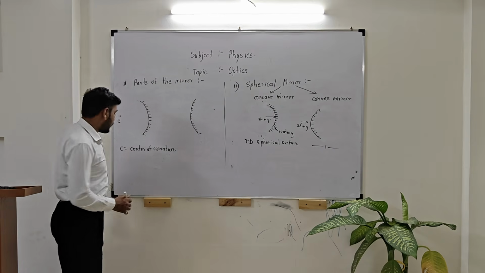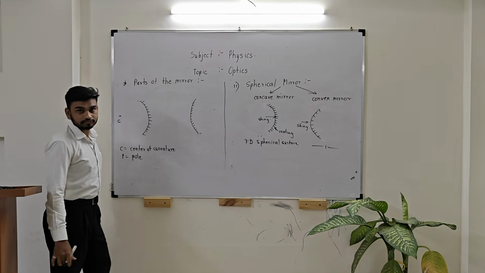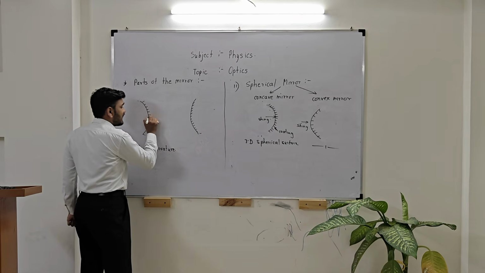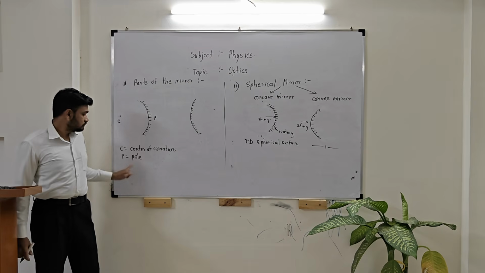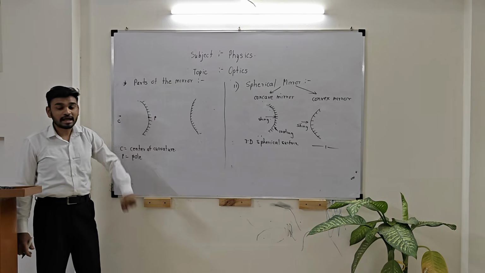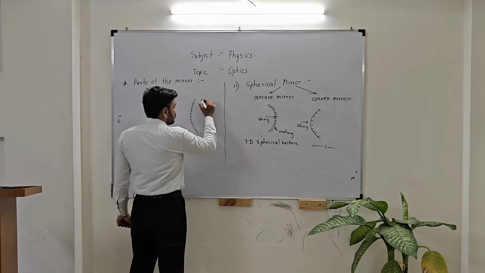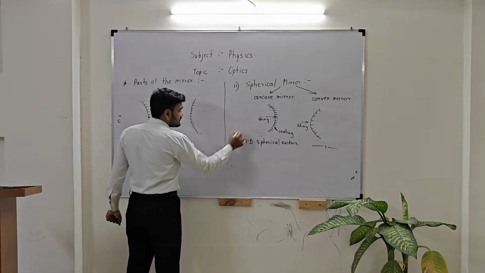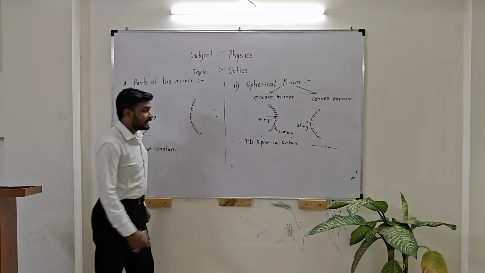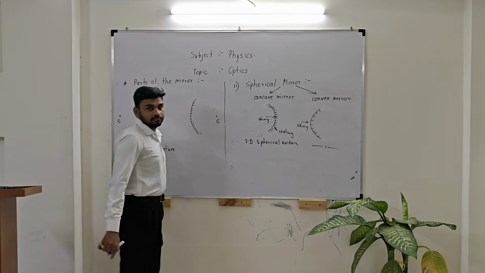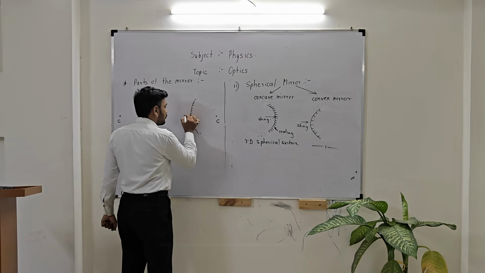Now the second part is P, the pole. The geometrical axis of this mirror is marked as the pole. Here the same thing applies: the center of this spherical surface is the center of curvature, and the geometrical axis of this mirror is the pole.